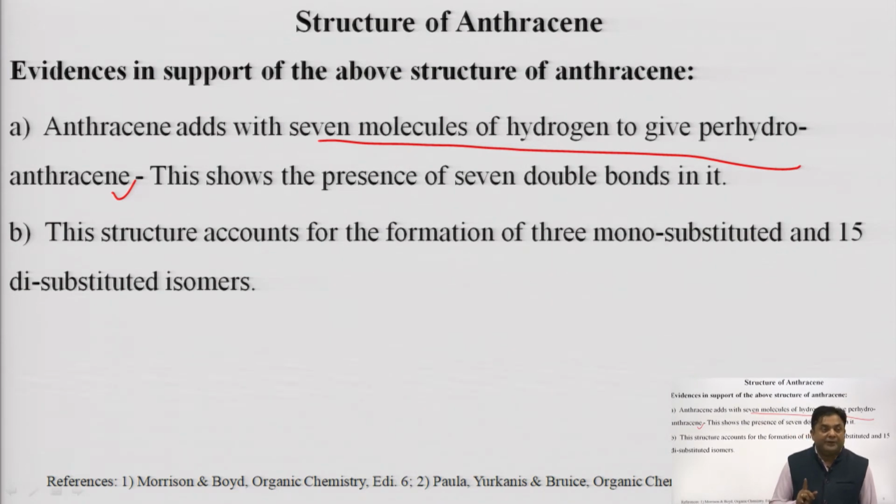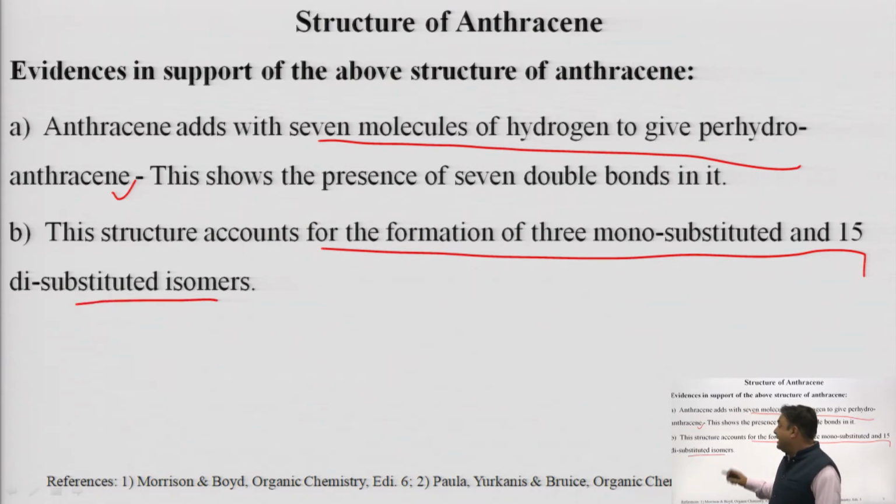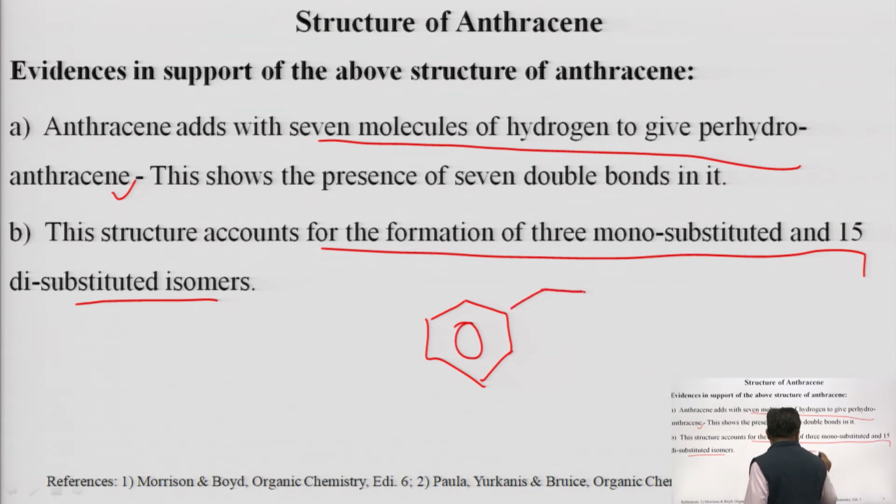It clearly confirms. Again, the proposed structure of anthracene accounts for the formation of 3 monosubstituted and 15 disubstituted isomers of anthracene, which again confirms the structure of anthracene like this.